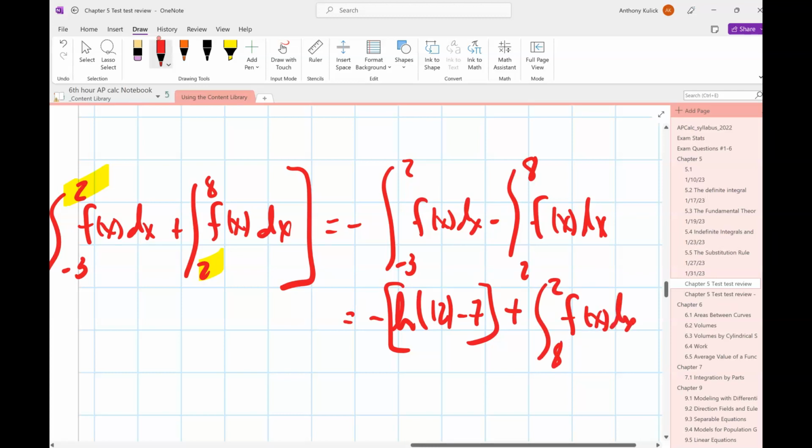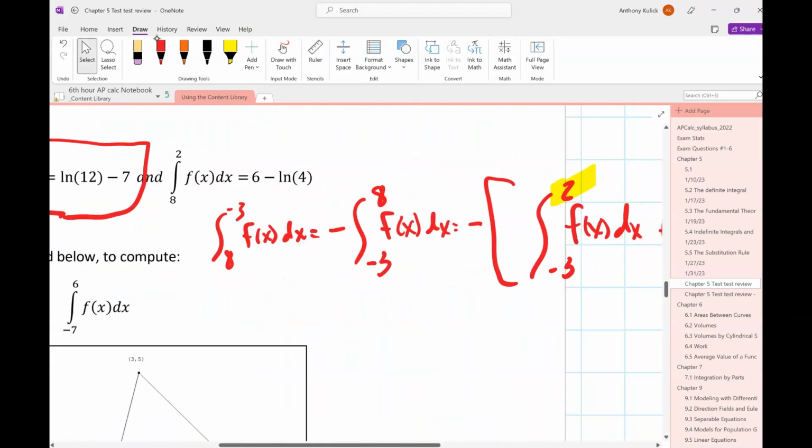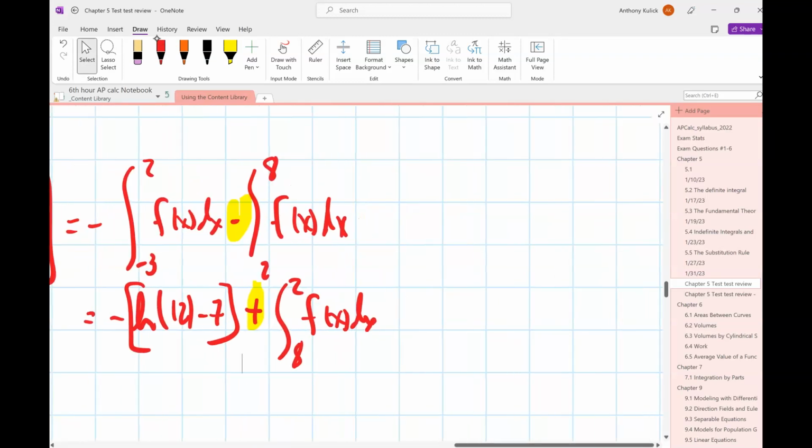So we'll flip it again and nix the negative sign, right? And then we can drop in what we had there, which is 6 minus log 4.